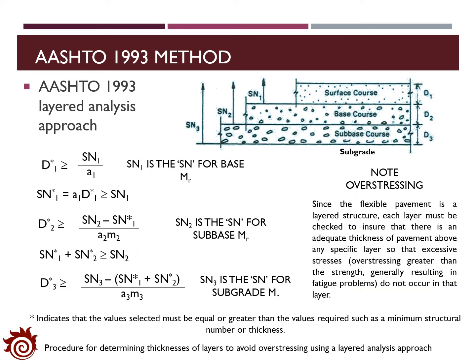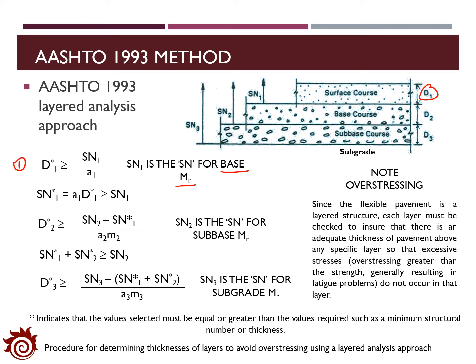With the estimated structural number, we can then estimate the thickness of each pavement layer. We will start from the surface course to the subbase course. First, for the thickness of the surface course D1, it should satisfy the condition here. D1 is larger than SN1 divided by A1, where SN1 is a structural number estimated based on the base course resilient modulus.